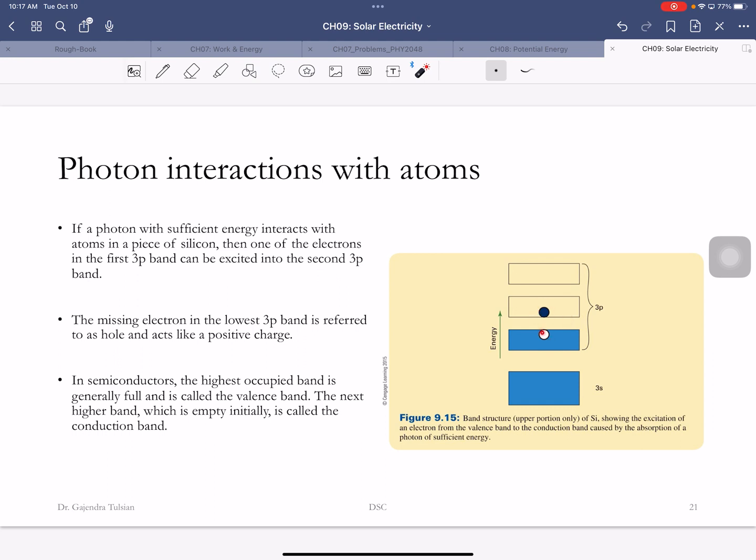This electron is negatively charged, this hole is positively charged. Now, if you didn't do anything about it, this guy recombines within a billionth of a second. Why did they recombine? Because this is negatively charged, this guy is positively charged, and they attract each other and they recombine. You're trying to prevent this.